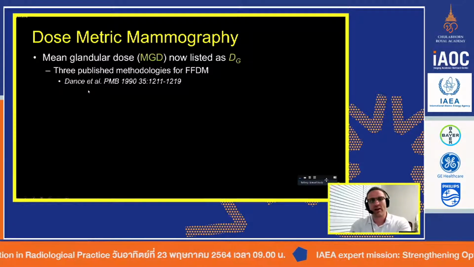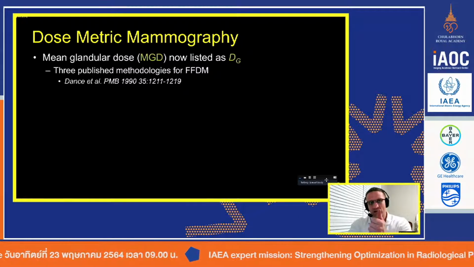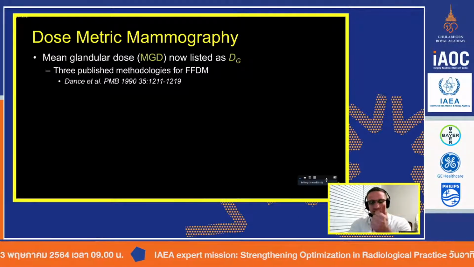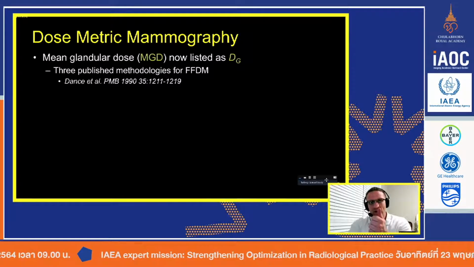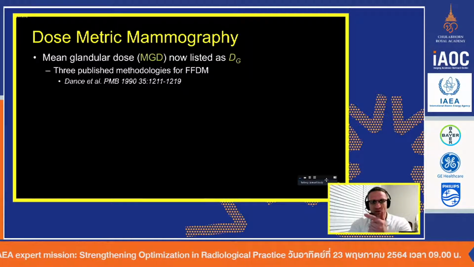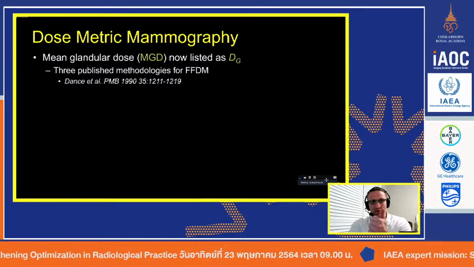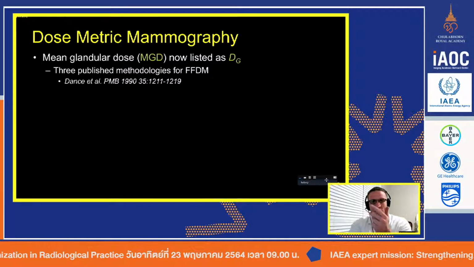So it only looked at the common targets of molybdenum and rhodium, and the common filters, which were also molybdenum and rhodium. The common target and filter combinations were moly-moly, moly-rho, or rho-rho.